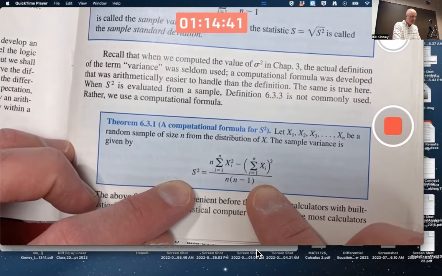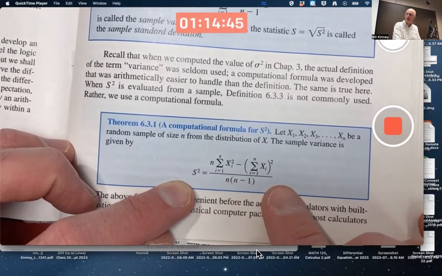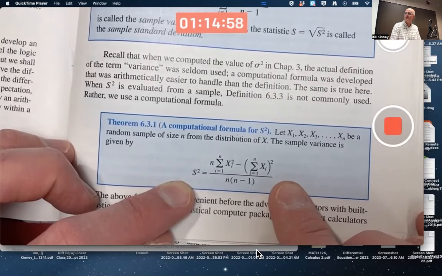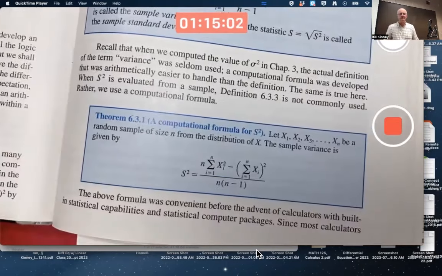Compute the sample variance with this formula involving these summations. And your calculators do compute these summations, by the way. When you compute your one variable statistics, you'll see the summations. Okay? And then take its square root to get the sample standard deviation. It's page 205, chapter 6.